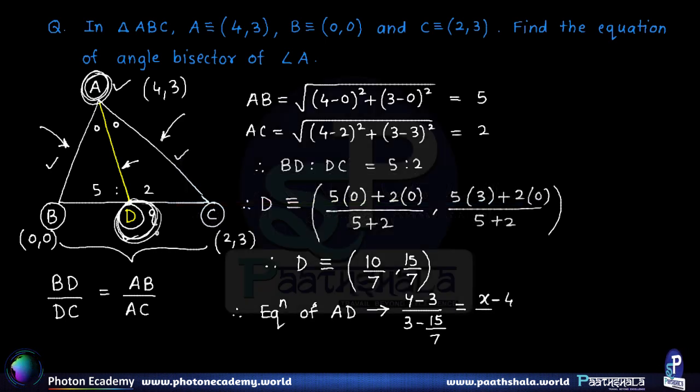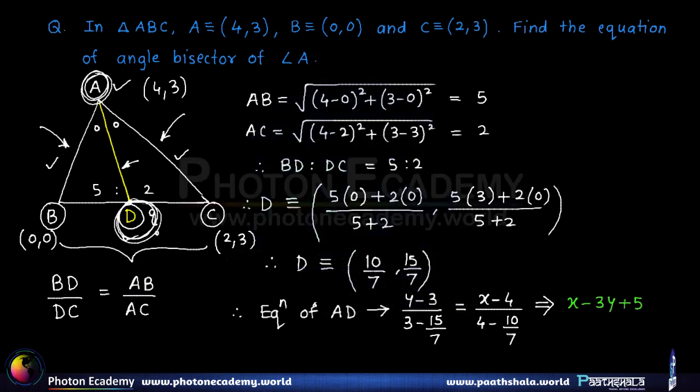X minus 4 upon 4 minus 10 by 7. Okay. So on simplifying you will get the final answer as x minus 3y plus 5 equal to 0. So that's the equation of the angle bisector of angle A.